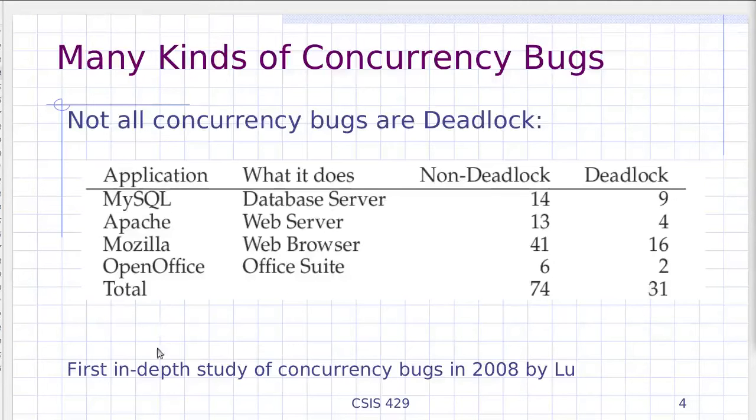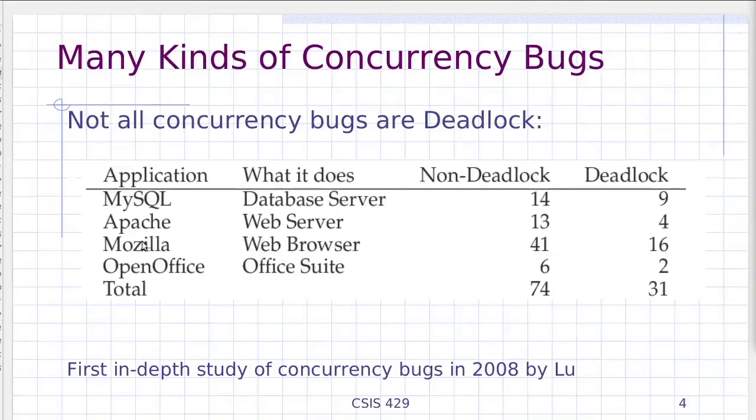So they looked at the source code from various open source projects. That's the nice thing about open source, is you can look at the source code and find bugs, things like that. And so they looked at about four very different applications. MySQL is a database server, Apache is a web server, Mozilla is the code for Firefox, a multi-threaded web browser.